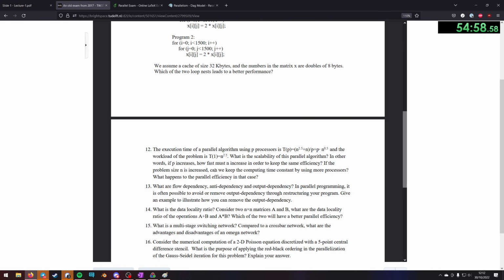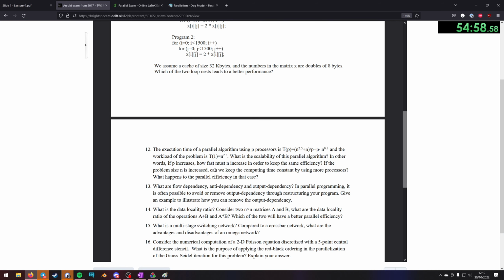Okay, so what are flow dependency, anti-dependency, and output dependency? Is it often possible to avoid or remove them through restructuring a program? Flow dependency, I think, means that every calculation requires the previous one to be done. Anti-dependency, I think, requires for every calculation the next one to not be done.